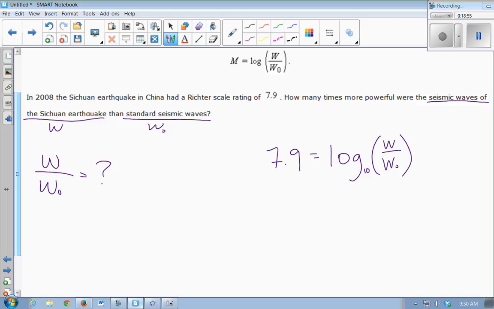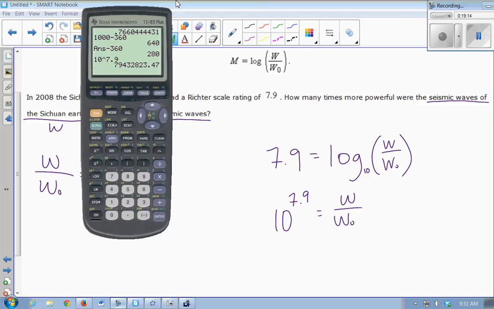It's switch from log form to exponential form. 10 is your base, 7.9 is your exponent, and that equals W over W0. And then you just type that into your calculator, 10 to the 7.9. So 10 to the 7.9 is almost 8 million times as strong as the smallest possible recordable earthquake.